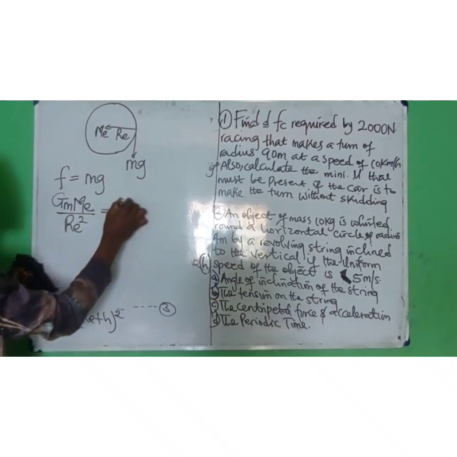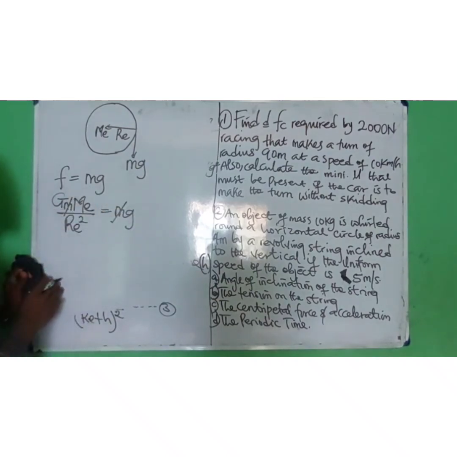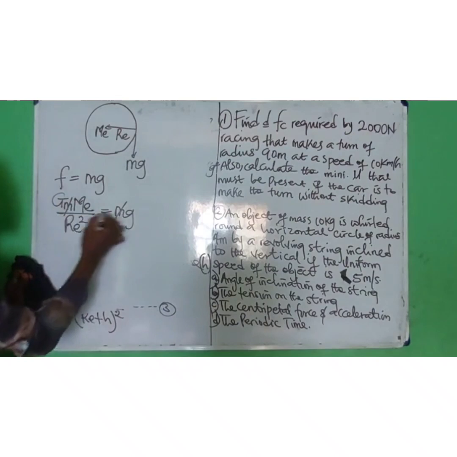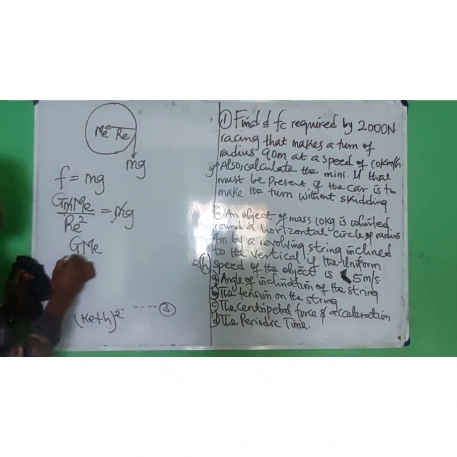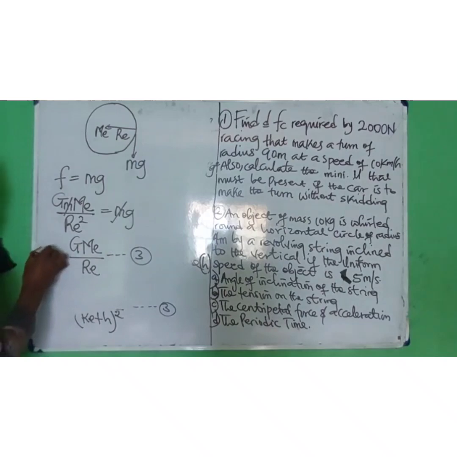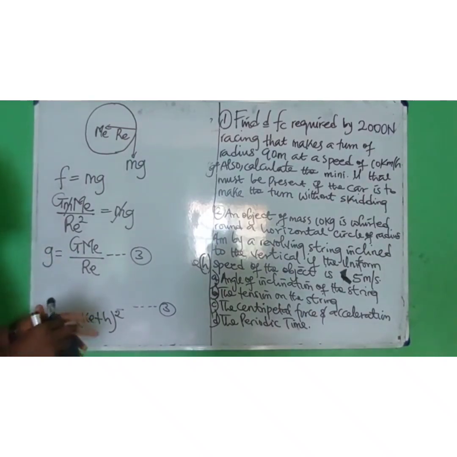So this would go into this. Is that not correct? So this will go into this, and now we are having G ME over RE. So this is equation 3, which means I've gotten my G here. You understand what I'm doing.